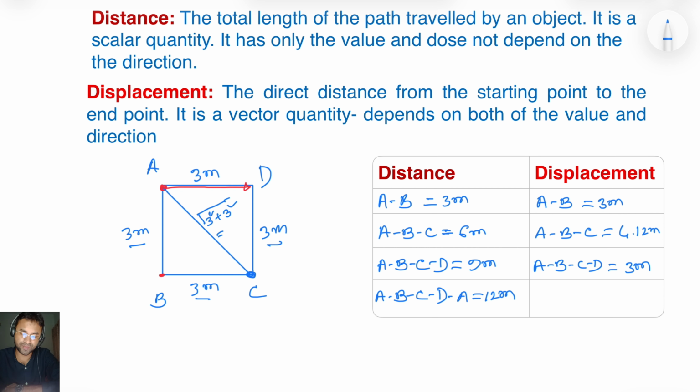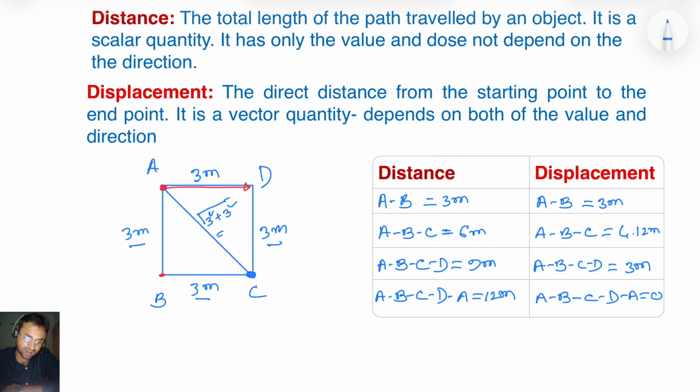It is the distance. But displacement will be 0. Because we started from A and ended at A, the difference from A to A is ultimately 0. So displacement here is 0.